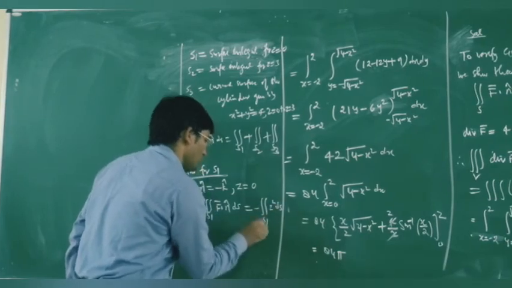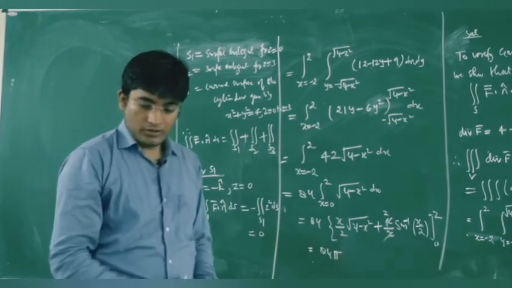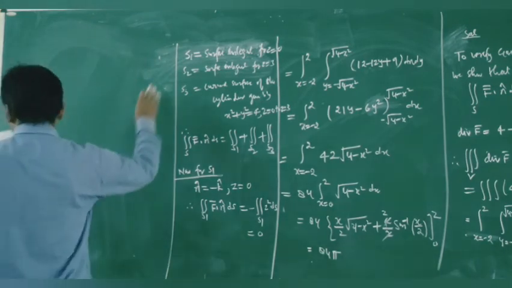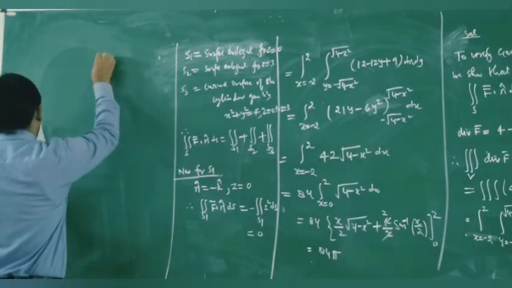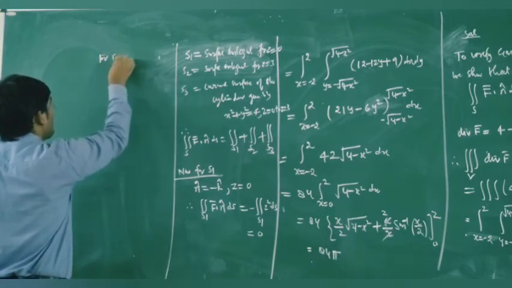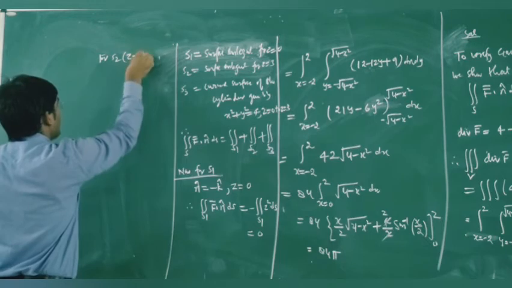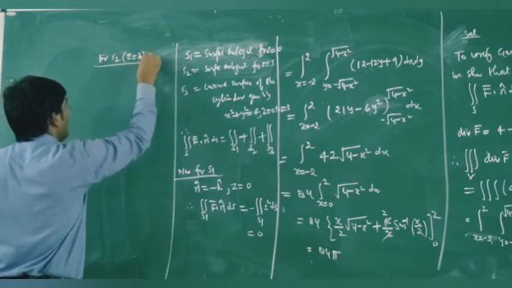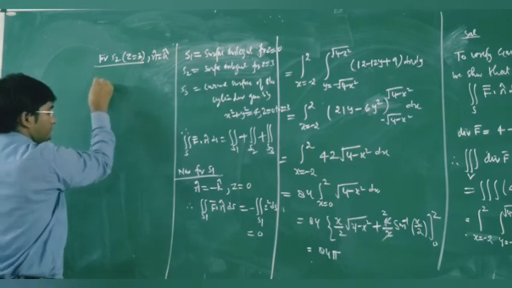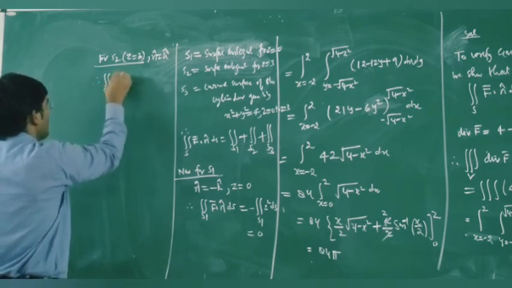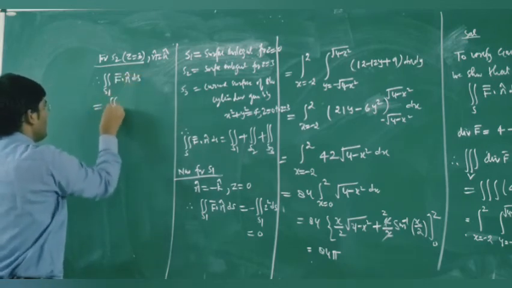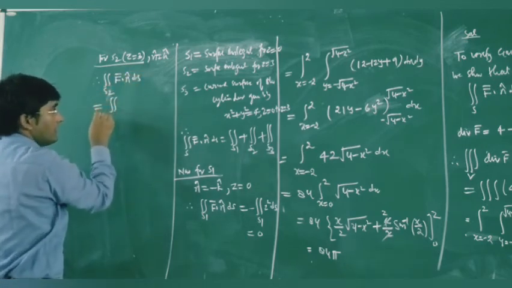As z is 0, we have S1 equal to 0. Now for the surface S3, before that let us evaluate S2. For S2 we have z equal to 3 and n equal to plus k. So therefore this integral of f dot n dS will be equal to S2.